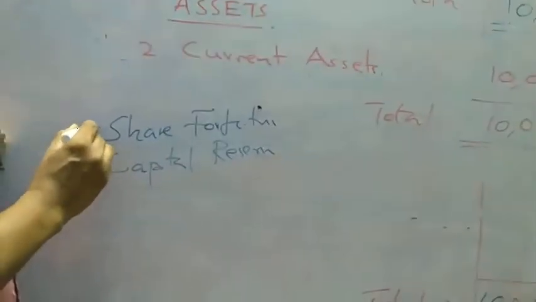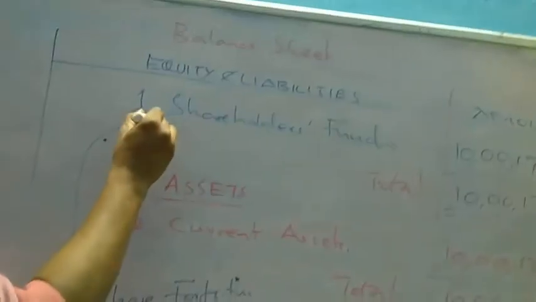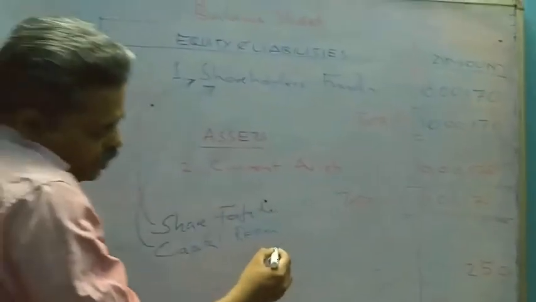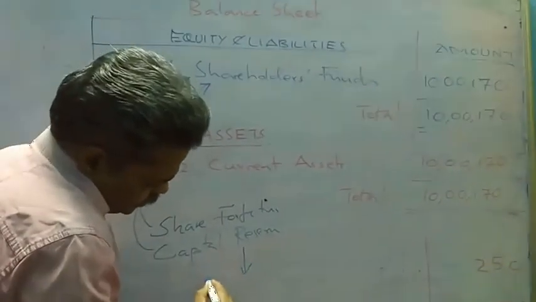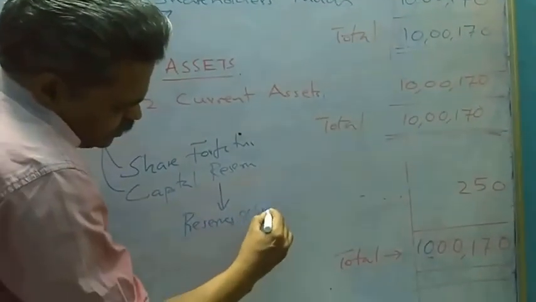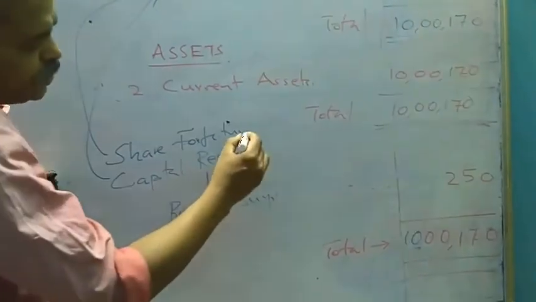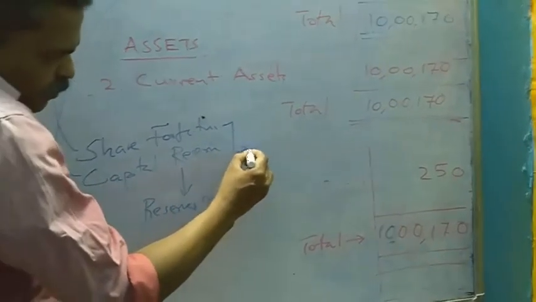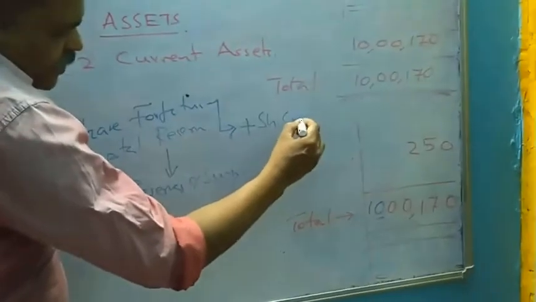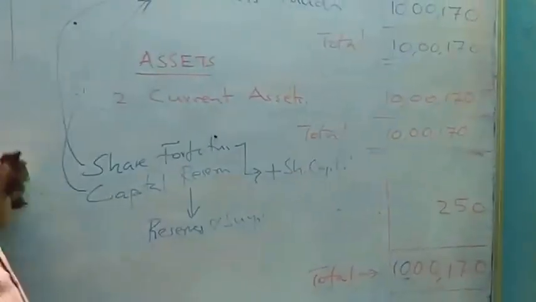So this amount is added here and it also will go to here. It will come under reserves and surplus. And this will be added to share capital. That is the thing you have to understand from this topic.